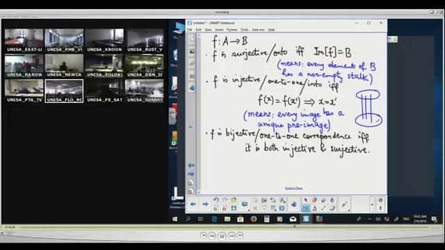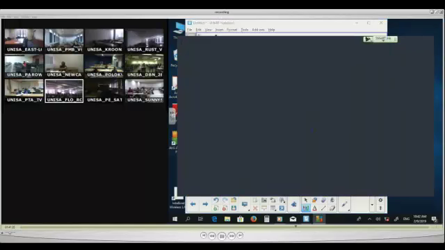Things are just getting pushed. But surjection is actually some kind of non-unique labeling.